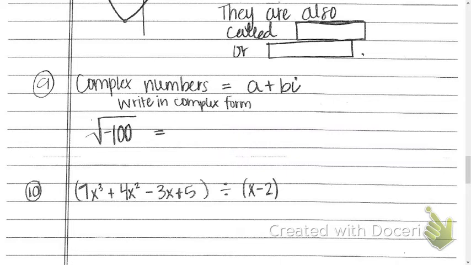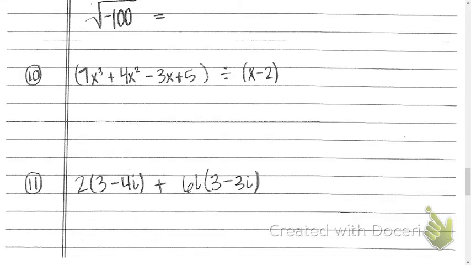All right. Number 10. I'm going to do synthetic because that's the easiest. Everybody, go ahead and draw your L. Now, when you do synthetic, do you have to use the factor or the solution?